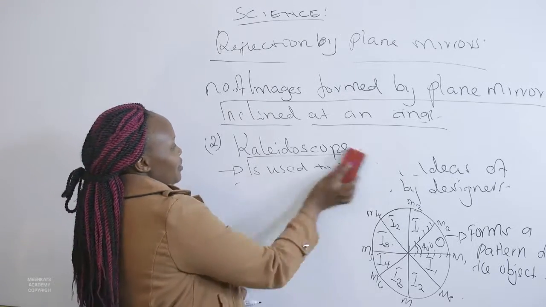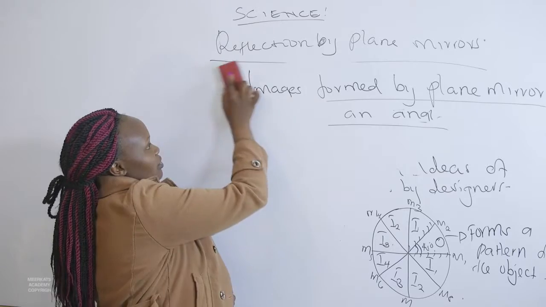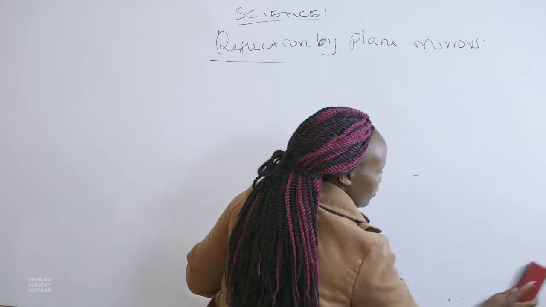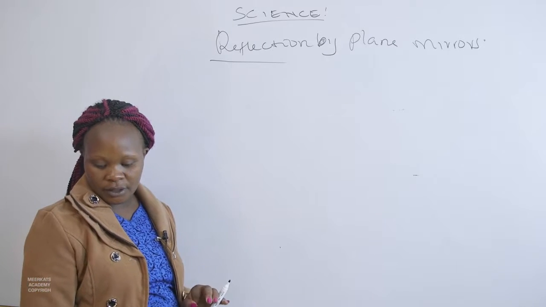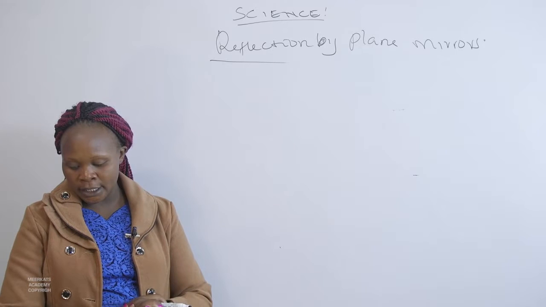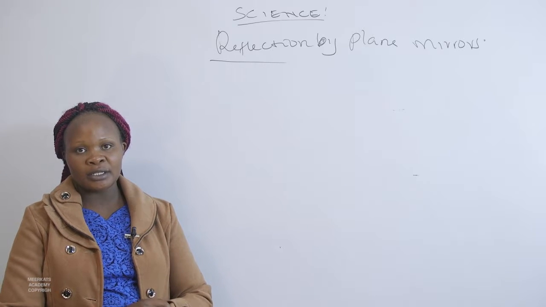We want to look at a few questions with regard to reflection of light. We want to look at a few questions related to reflection of light before we proceed to another property.